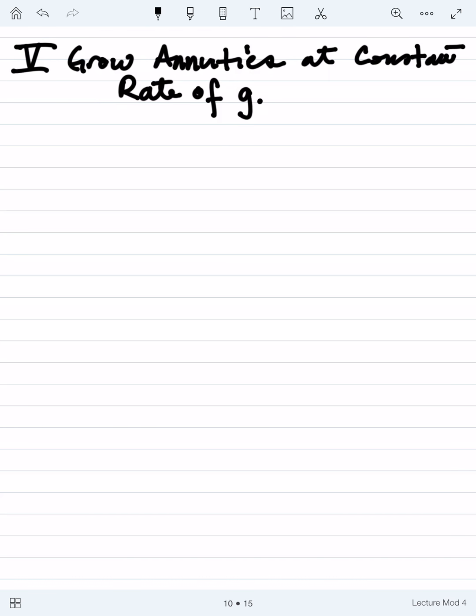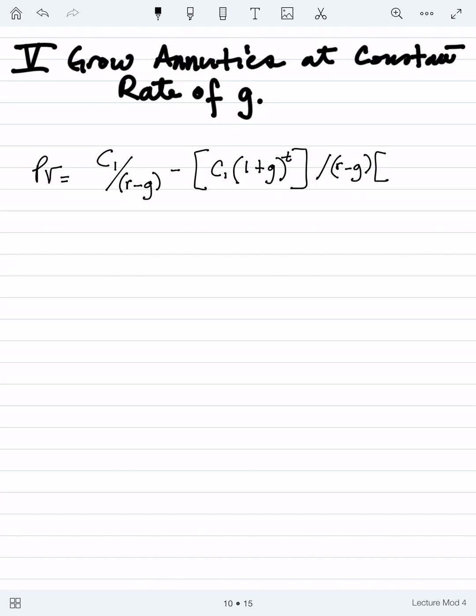Let's say we go back to our equation. The present value is the cash flow in the first period divided by R minus G, minus that period growing at 1 plus G across time, over R minus G, times 1 over 1 plus R raised to the T. For a growing annuity, things look a little different, and we can simplify this a bit.